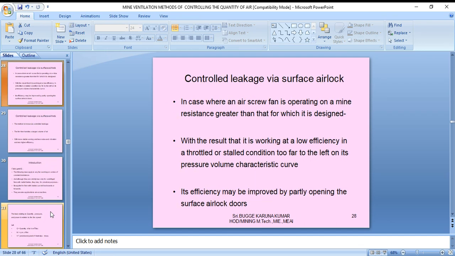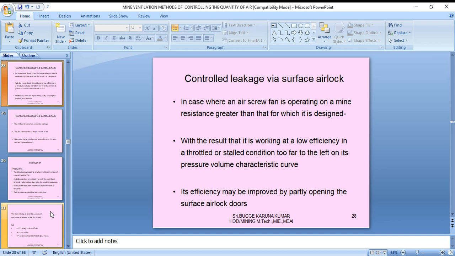Controlled leakage via surface airlock. In cases where an air screw fan is operating on a mine resistance greater than that for which it is designed, it is working at low efficiency in a throttled or stalled condition on the left of its pressure-volume characteristic curve.